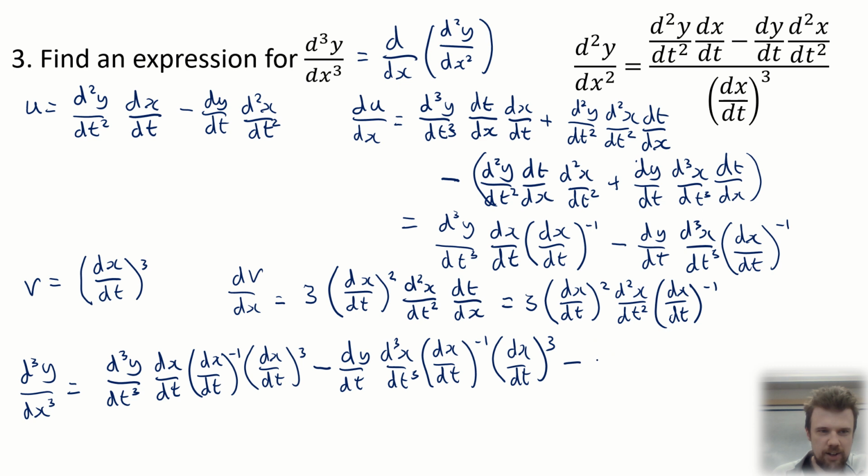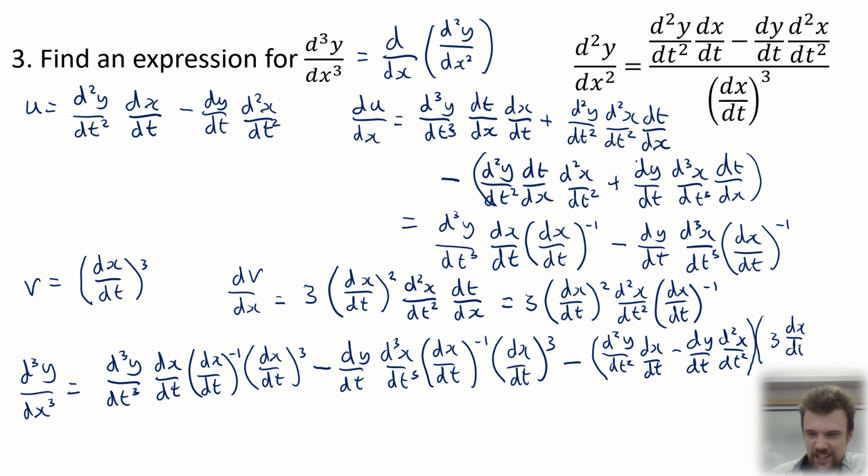So we have u, which is all of that stuff, d squared y over dt squared, dx over dt, minus dy over dt times d squared x over dt squared, and all of that is times our dv over dx, which was 3 lots of dx over dt all squared, d squared x over dt squared, times dx over dt. Okay, we've run out of room.